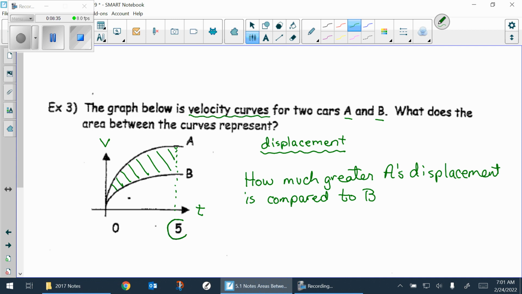I should mention from t equals 0 to t equals 5. Okay, now they didn't give me any units, so I'll just call it a t of 5. Would it have been okay to say this? How far A is ahead of B?